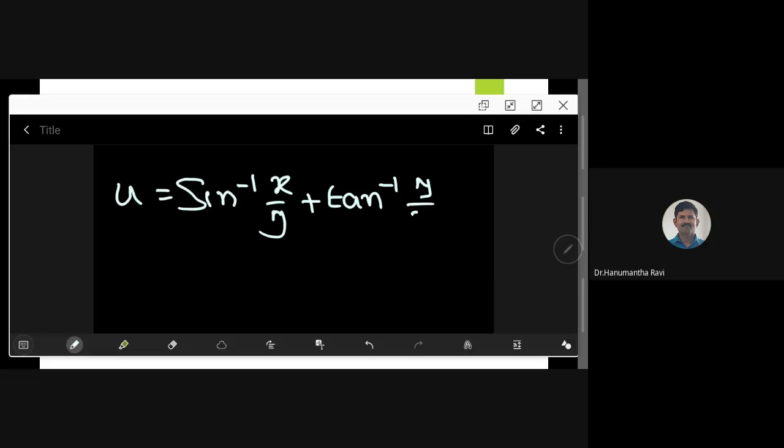So we take up this problem that we have talked about in the previous class. u is given as sine inverse x by y plus tan inverse y by x.